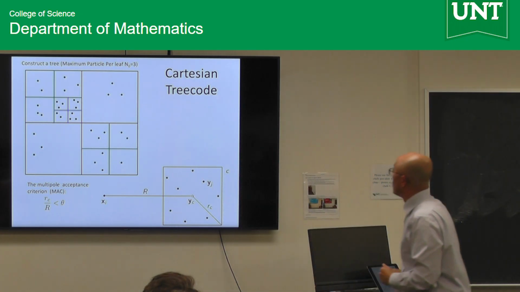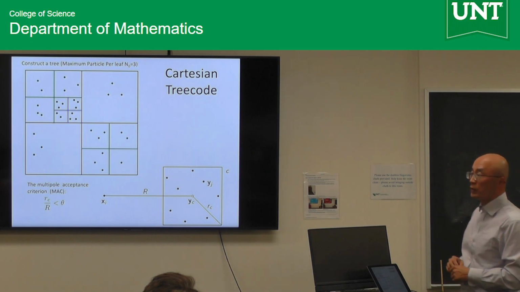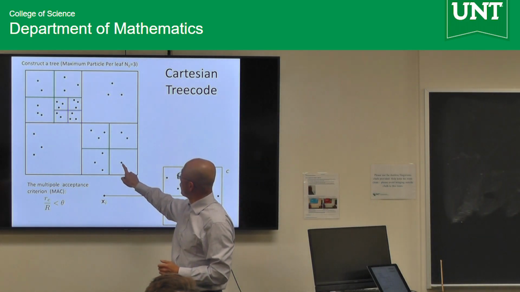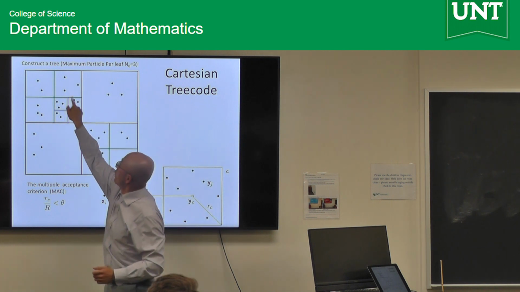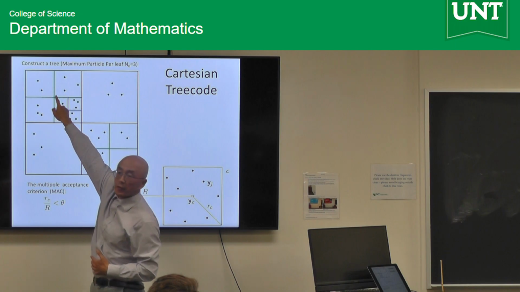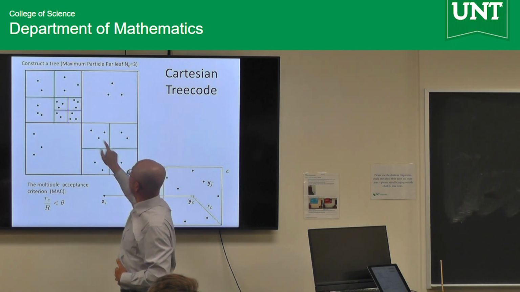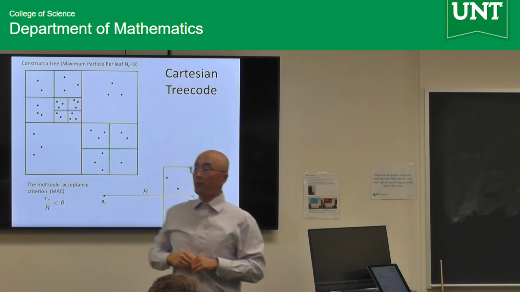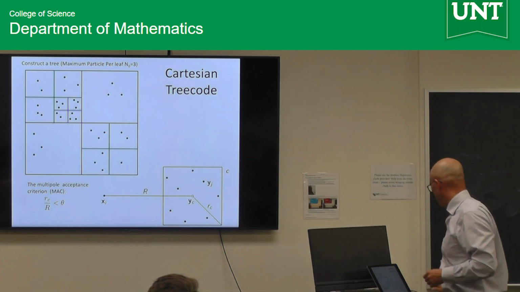That's the idea of the tree code. For example, if you want to calculate the interaction from this particle to everything over here, because they are pretty far, you can treat everything here as a cluster. So you do a particle-cluster interaction instead of particle-particle interactions, which makes things much easier.